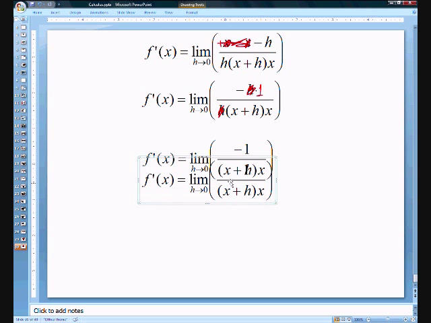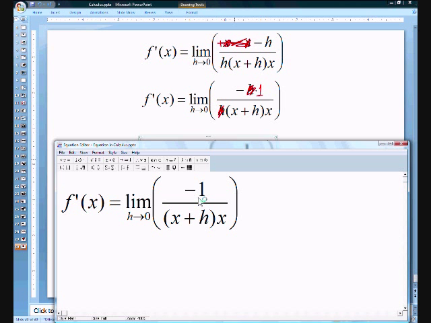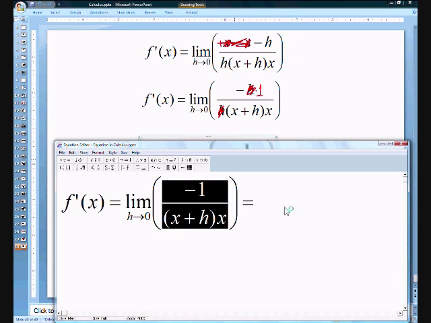So let's just plug it in, now that this expression is within the domain, you can stick 0 into the h now. We can now plug it in, so let's just go ahead and do that before I get tongue-tied again.